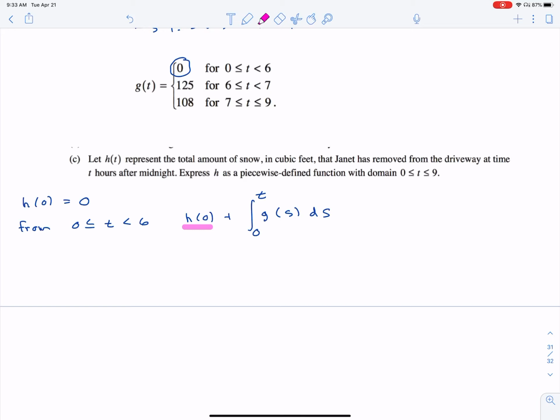Well, not really including 6, just under 6. So for example, if I wanted to find out how much snow had been removed at time 4, I'd replace t with 4. So that's why I'm using a variable and not a number, because they're not asking for this specifically at 6. They're asking for any time through 6.